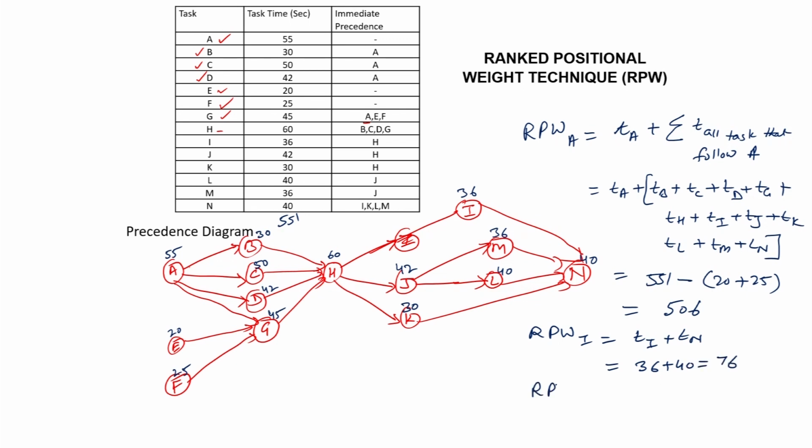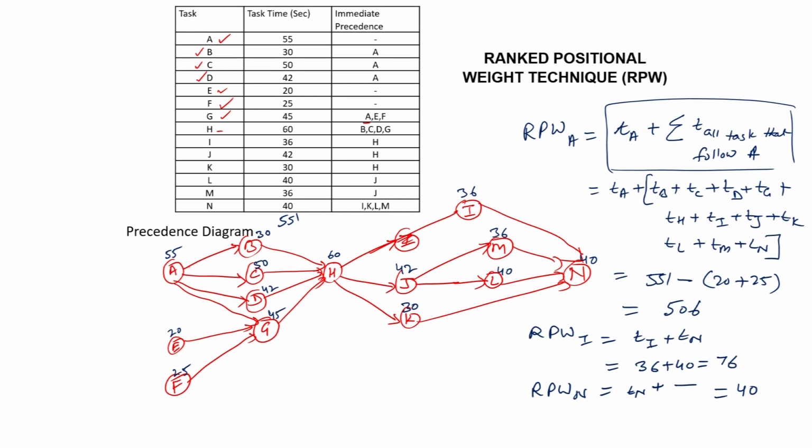If I have to calculate RPW of N, that is T N, and there is no task following it, so this is equivalent to 40 only. So, I hope you got the idea how to calculate the RPW. It is a very simple relationship. RPW is equal to the elemental time of that task plus the total of all the tasks which are following that task.